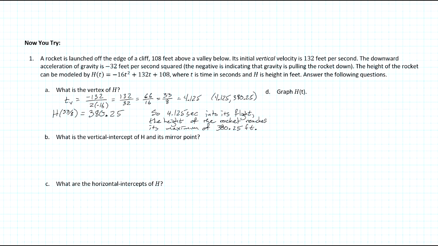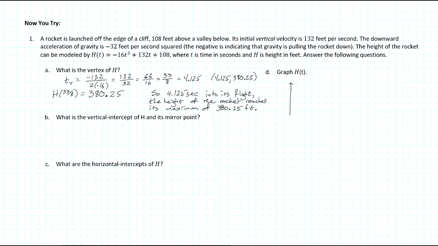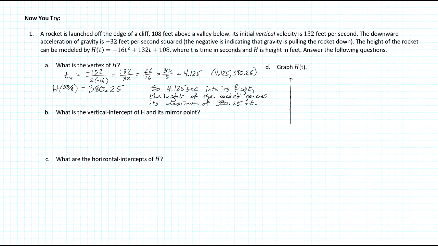All right. I'm going to start getting a coordinate plane set up here. I don't know how much information I want to put on it yet. We want to get that vertical intercept and its mirror point. We might even decide that we want to get the horizontal intercepts as well, but I think I can get a vertical scale at least. I want to get maybe 400 on here. So if I put 400 up here, let's go by 5 of them, so by 20s.